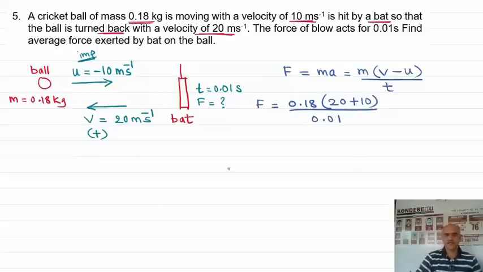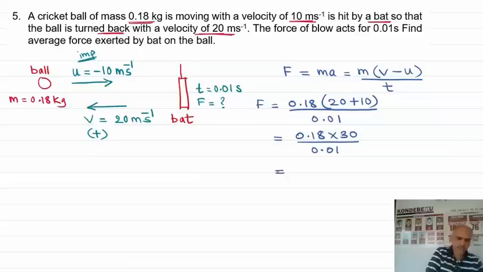Now simplify, you will have the force. Therefore F is equal to 0.18 into 20 plus 10, 30, divided by 0.01. So 0.18 into 30 divided by 0.01, you will get 540 Newton.